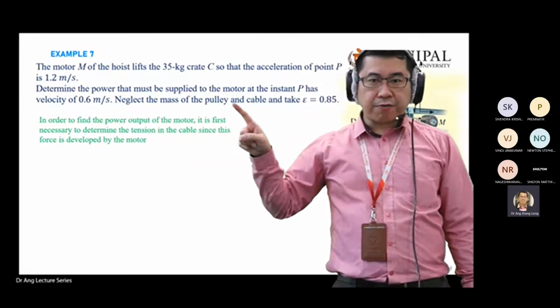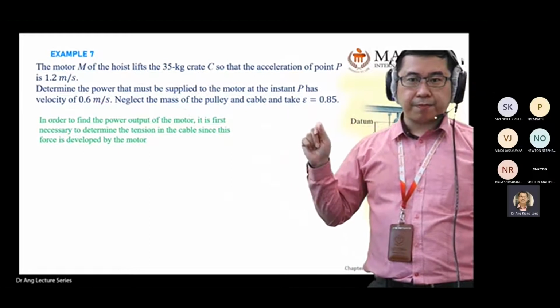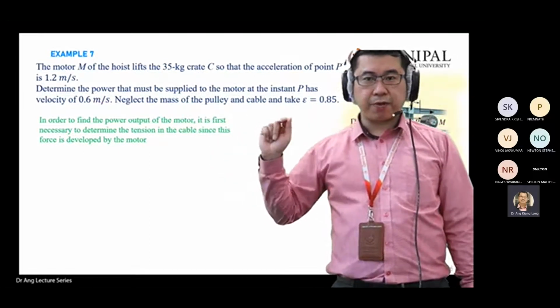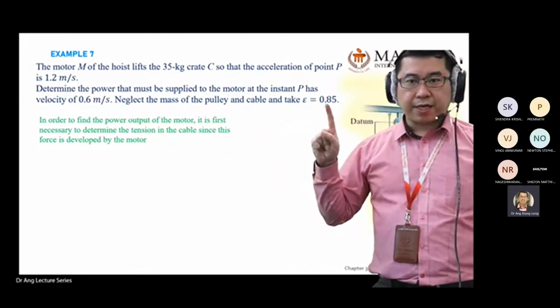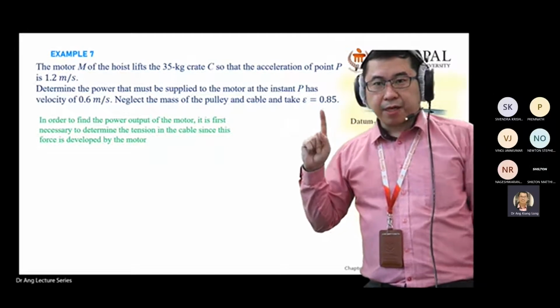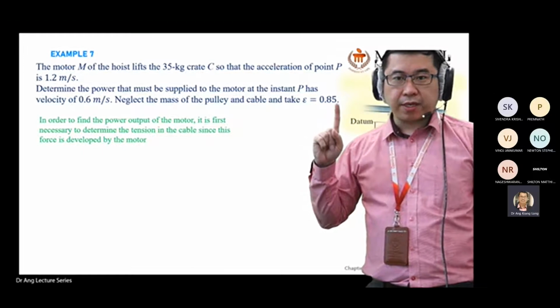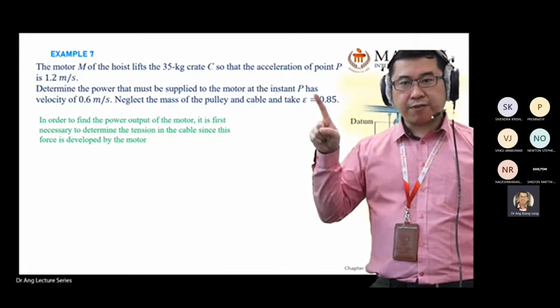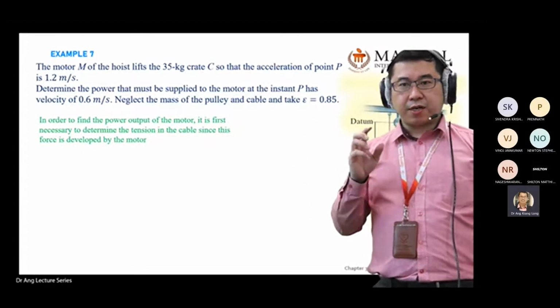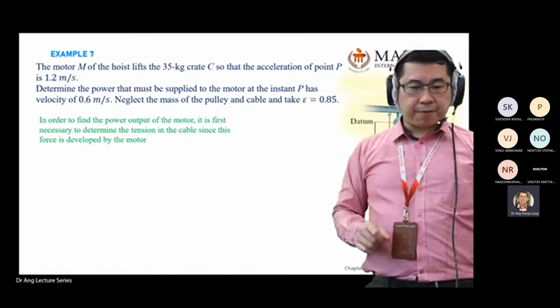Ignore the mass of the pulley and cable, and take the efficiency equal to 0.85. You are given that the efficiency of the motor is 85%.